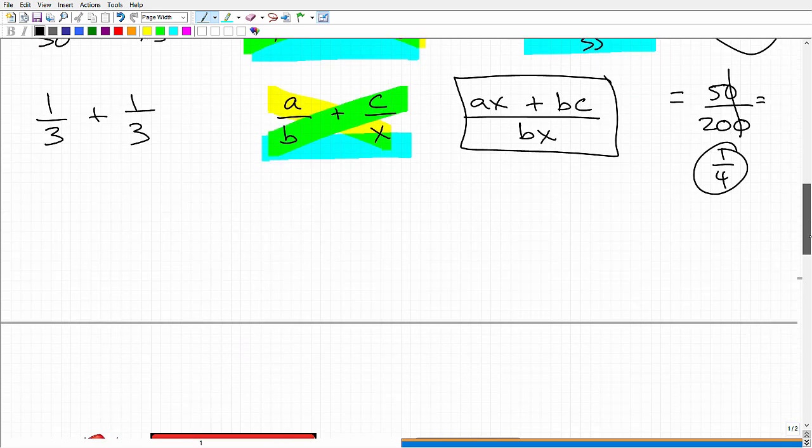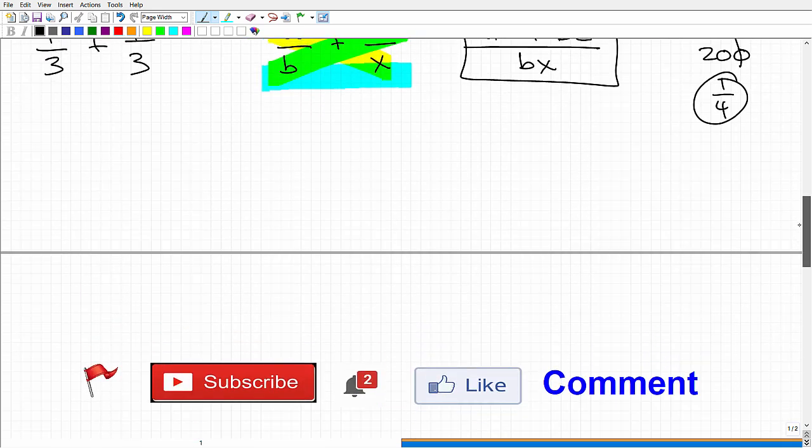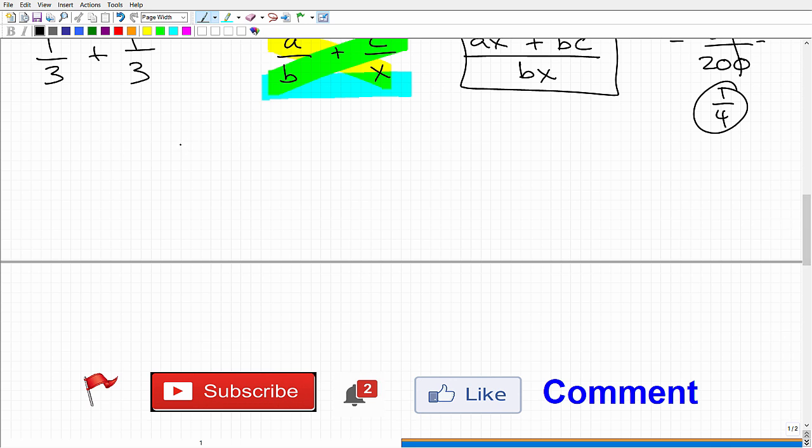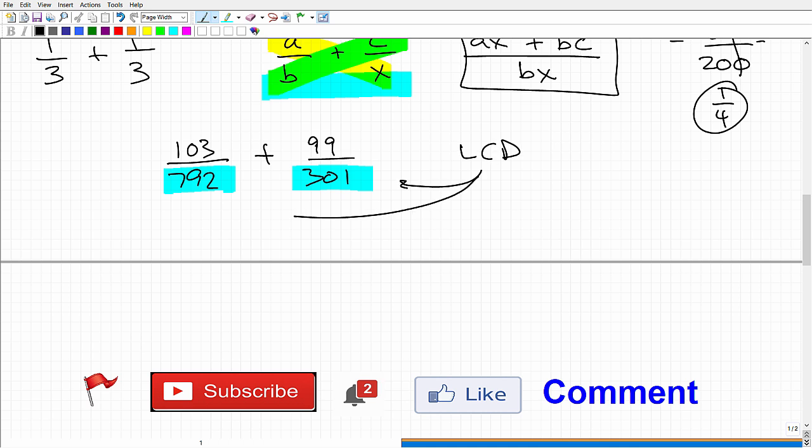Think about it. What if I gave you a problem like so? We'll get to this last part of this video. What if I gave you 103 over 792 plus 99 over 301, and I wanted that answer in fraction form? You would have to try to figure out what the lowest common denominator is between these two denominators.